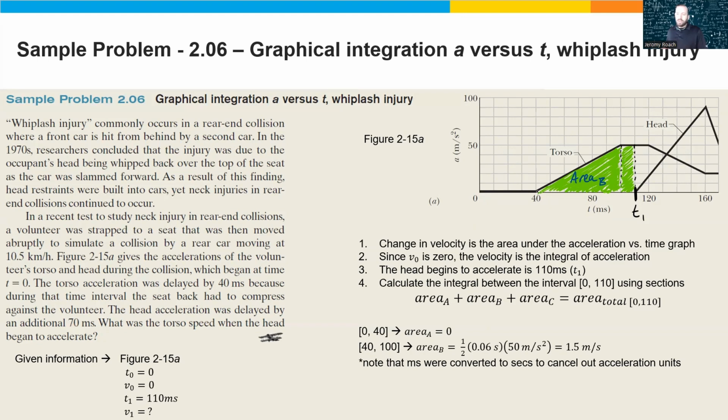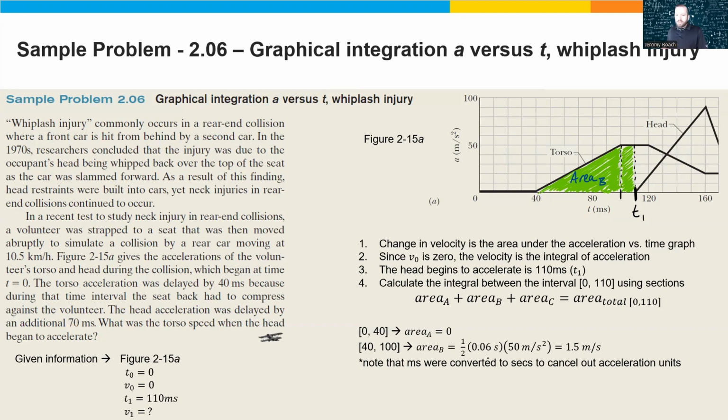So we're going to do 1/2 of the base times the height. You can do it either way. You can say this is the base or this is the base. Either way is fine. Here T1 is at 110, so this is going to be at 100. And so 60 milliseconds have gone by from here to here.